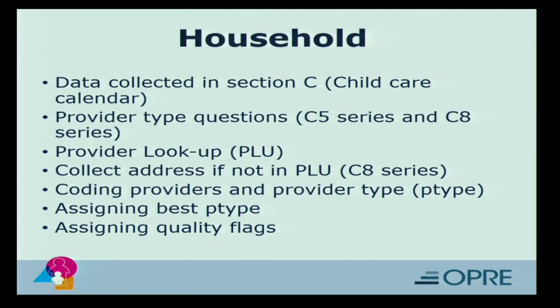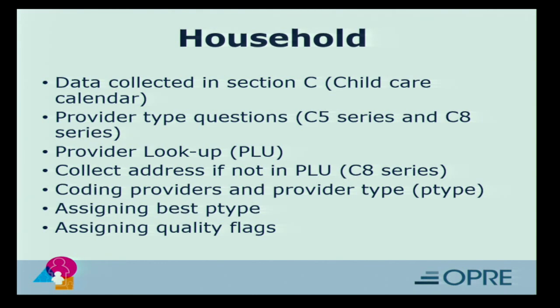And so when data collection was over and we had all of this data from the respondents, we then began to look at it more carefully and code it into a type of care. So all of those cases where we couldn't connect the provider the respondent mentioned to a provider in our sampling frame, we then looked up and did a coding exercise.